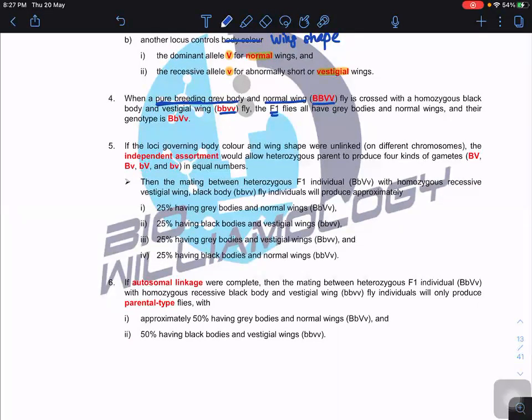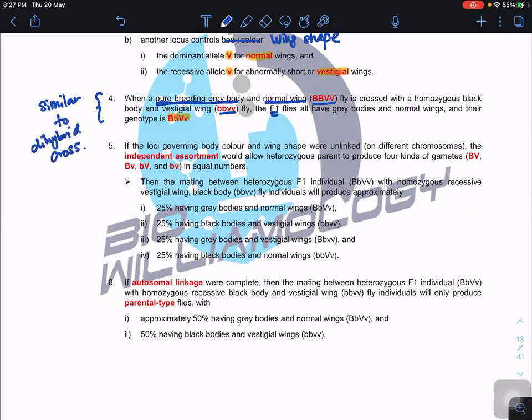But they are heterozygous. In this case, you can see that it's similar to Mendel's dihybrid cross.